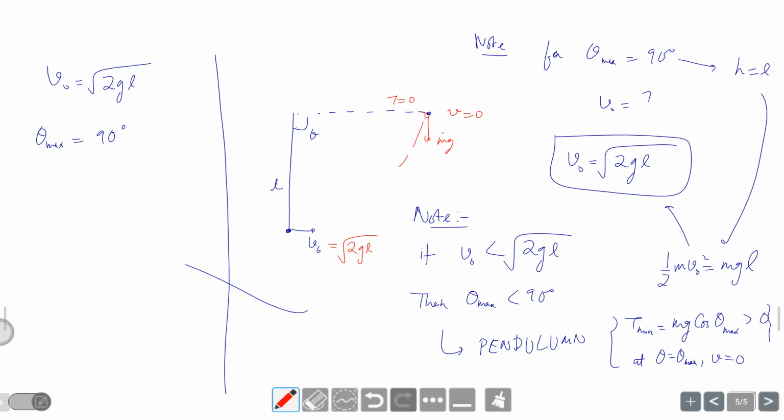But again, this thing picks up. So theta max will be 90 degrees, and just for an instant the tension will be zero. At theta equal to 180 degrees, it is a slightly different condition, I'll show you that also. But tension becoming 0, that is going to happen momentarily at theta equal to 90, only for a moment. Then of course it returns back.